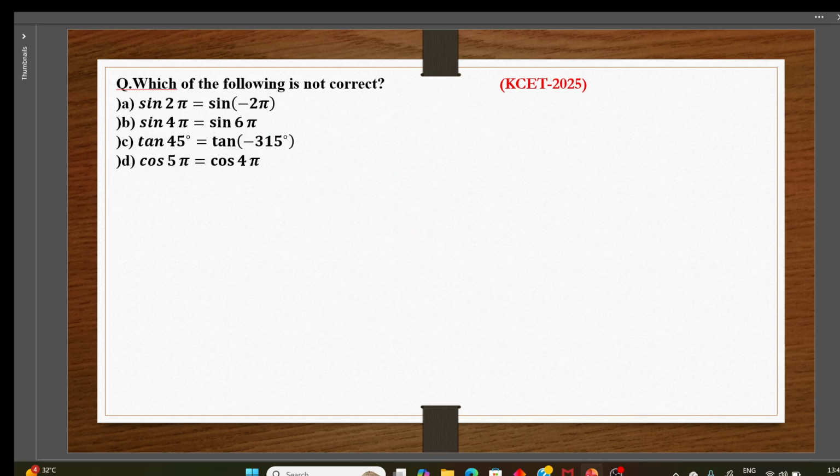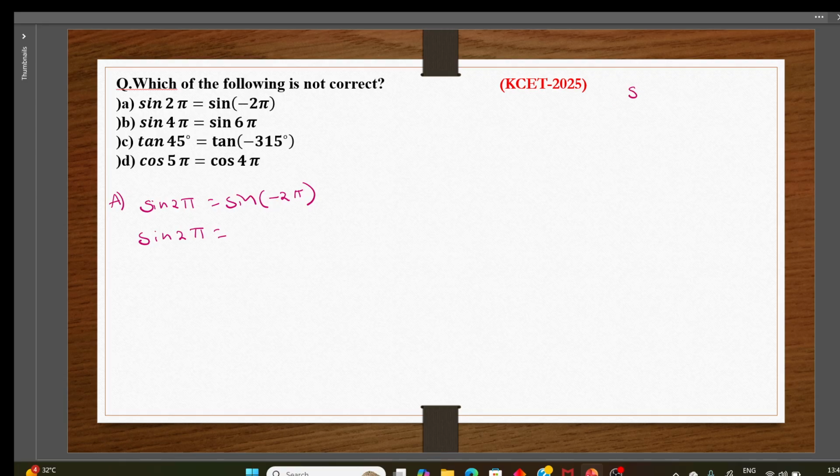Next question. Which of the following is not correct? Which of the following is not correct means we have to check all options. Check option A. Sine 2 pi is equal to sine minus 2 pi. Let's write sine 2 pi is equal to sine minus 2 pi.